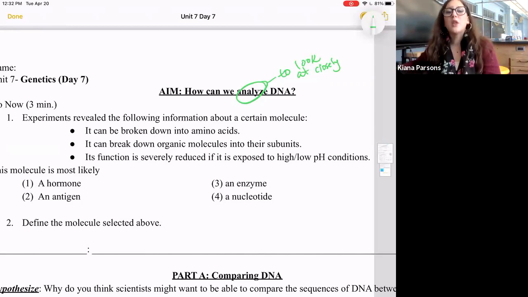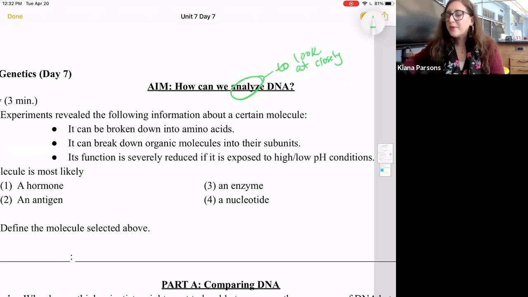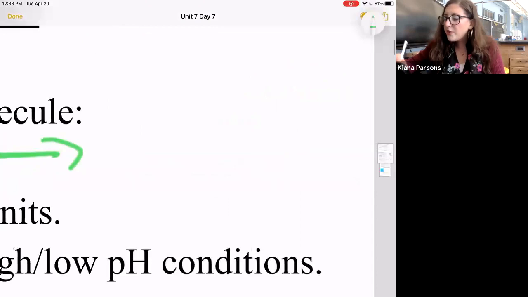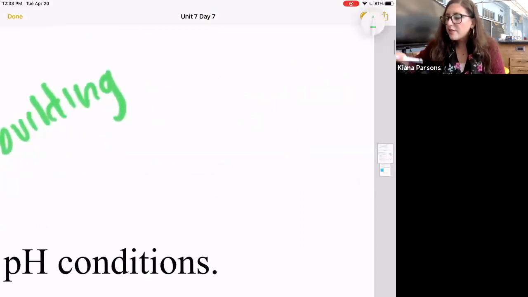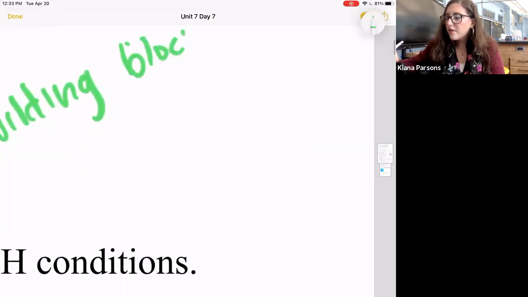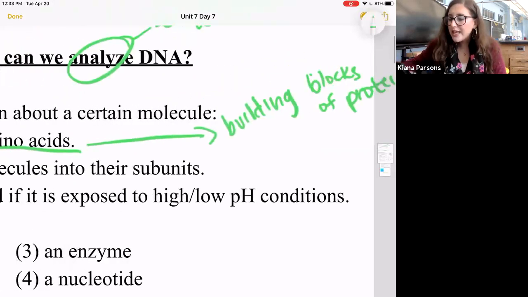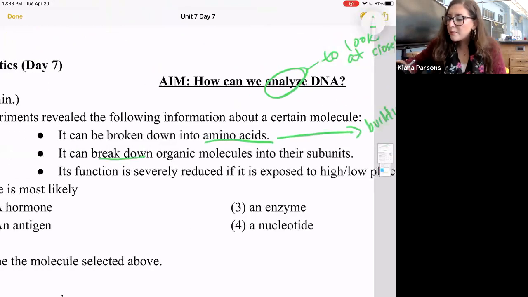Experiments revealed the following information about a certain molecule. It can be broken down into amino acids, so that tells us something, right? This must be a protein because amino acids are, of course, the building blocks of proteins. Then it also tells us that it can break down organic molecules into their subunits. So it can break down.